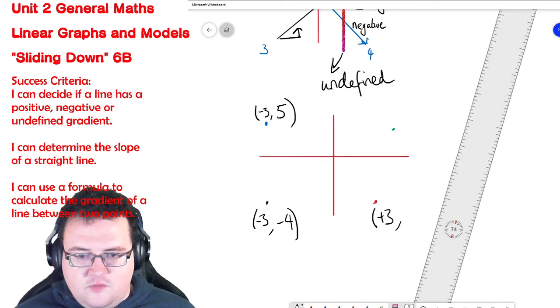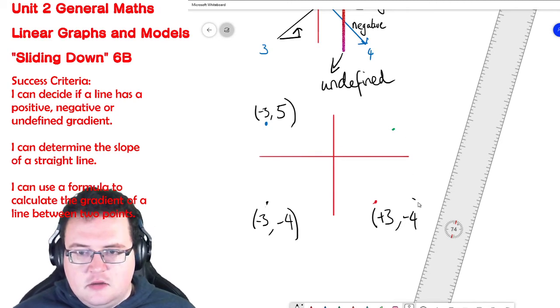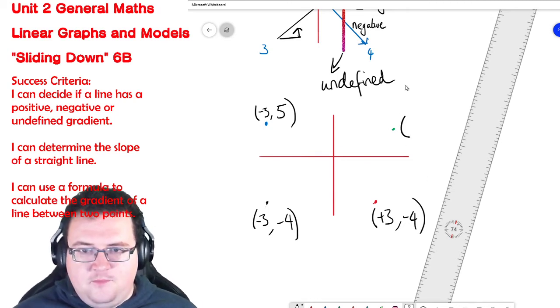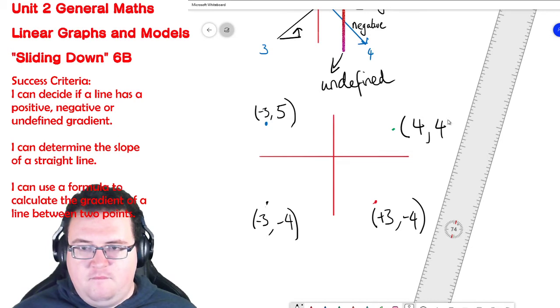Just redraw that. And then this one here is going to be 4 across, because it's a bit further on from 3, and it's not as high as the 5, so it's going to be 4.